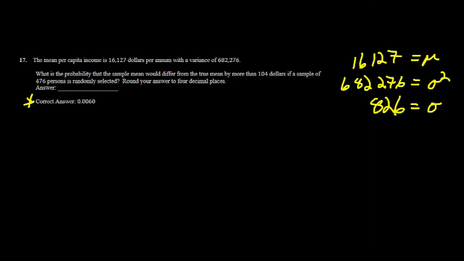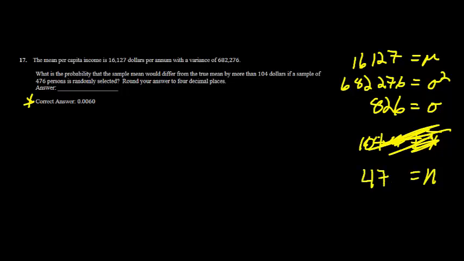826. What is the probability that a sample mean would differ from the true mean by more than $104 if a sample of 476 persons is selected? N is 476.